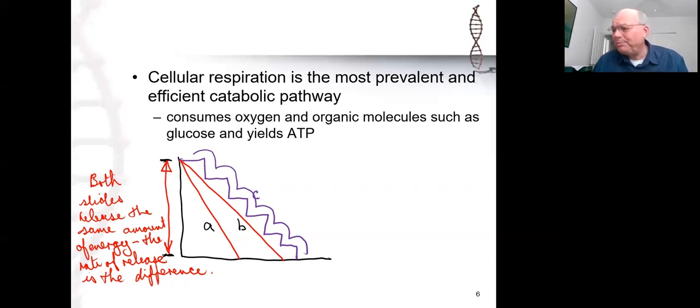And so thinking in terms of the staircase is a good analogy to the way a cell goes about releasing energy.